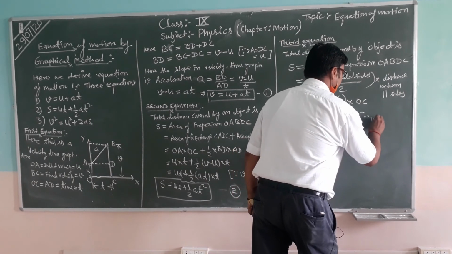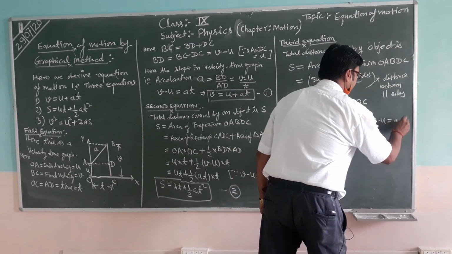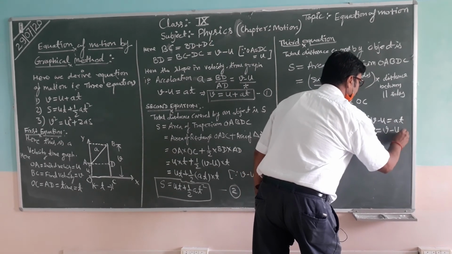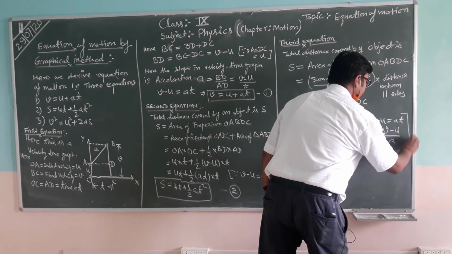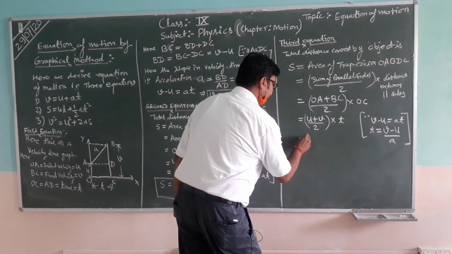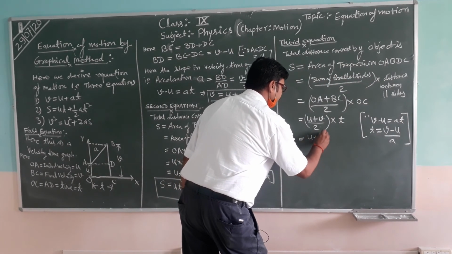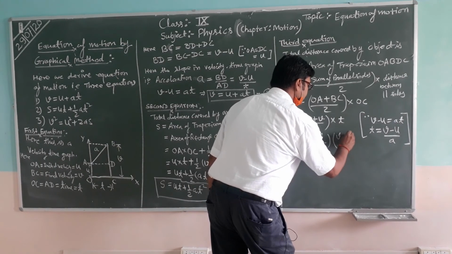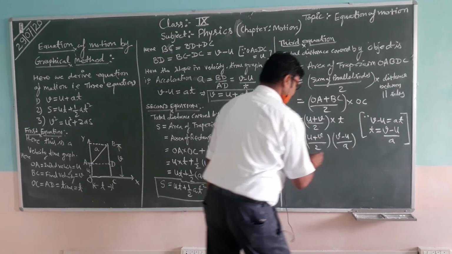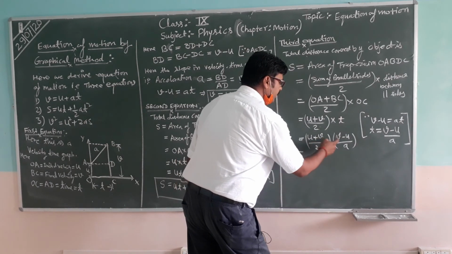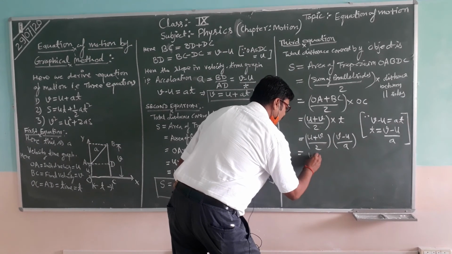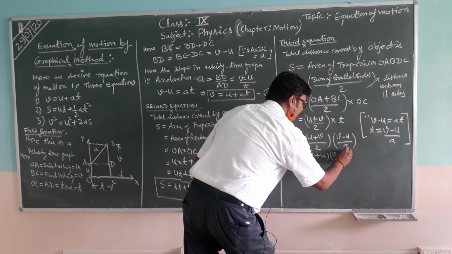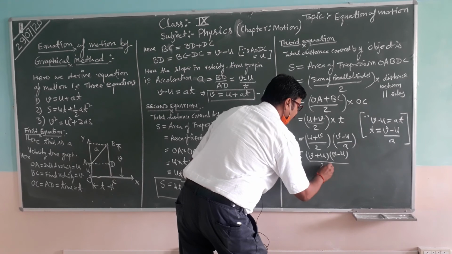Since V minus U equals AT, the value of T will be equal to V minus U upon A. Yes, put the value of T in this formula: U plus V by 2, and for T, V minus U upon A. So finally, U plus V and V minus U, that is V plus U, V minus U by 2A.